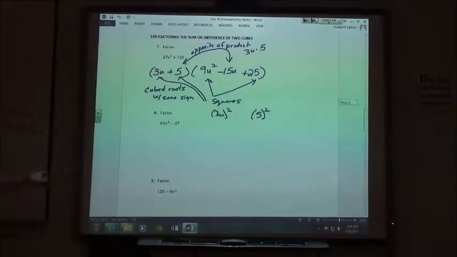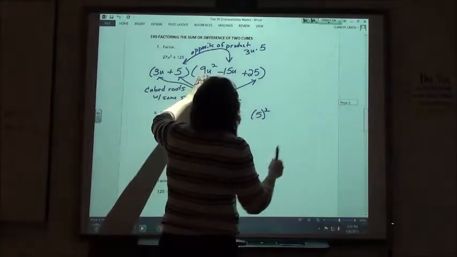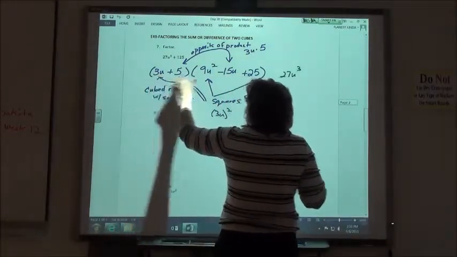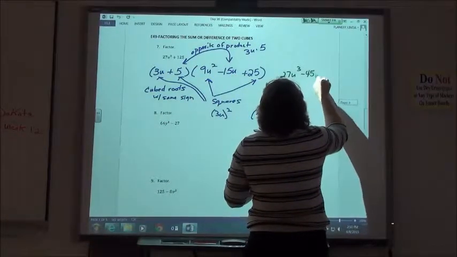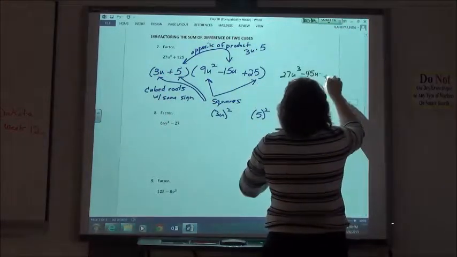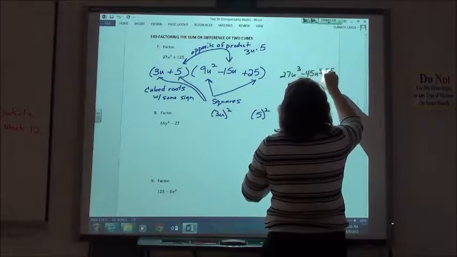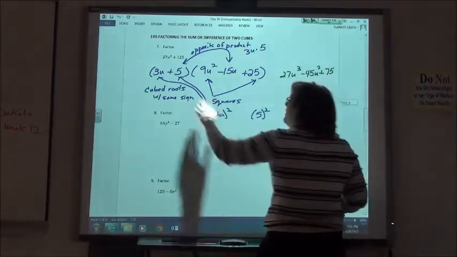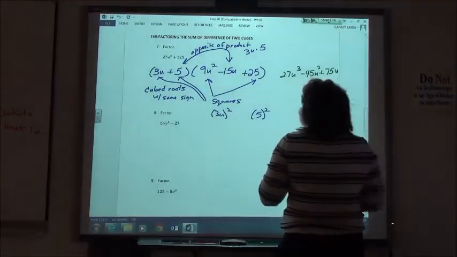If I wanted to check it, I could multiply it out. 3u times 9u squared is 27u to the third. 3u times negative 15u would be negative 45u. Oops, that's supposed to be negative 45u squared. I had a u and a u squared. 3u times 25 is positive 75u.